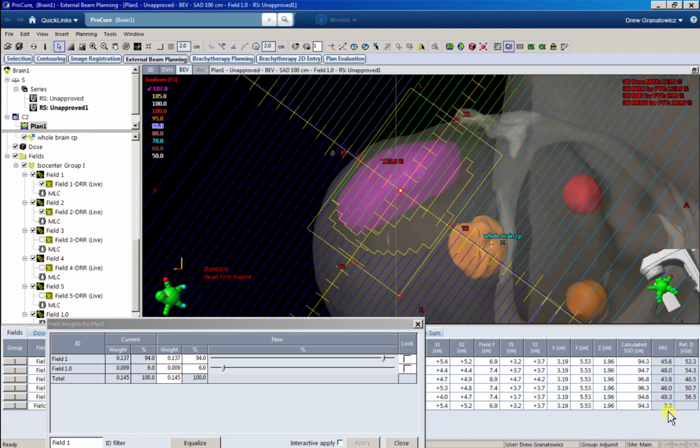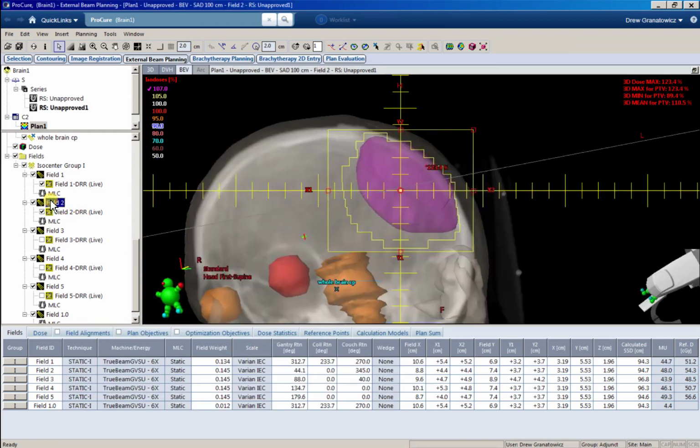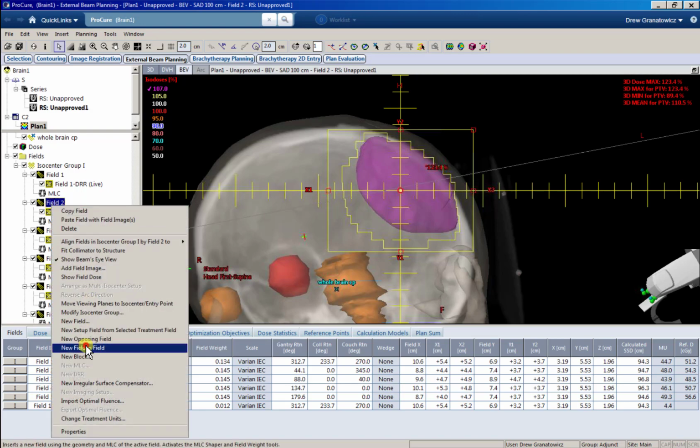So 3 MU, and that's what I would expect. Probably no use in going less than 3 MU. So 6%, I think, at least on this plan. But really, you could probably experiment with adding a little bit more weight to these field in fields. Field 2 is kind of borderline, but we'll go ahead and add one.